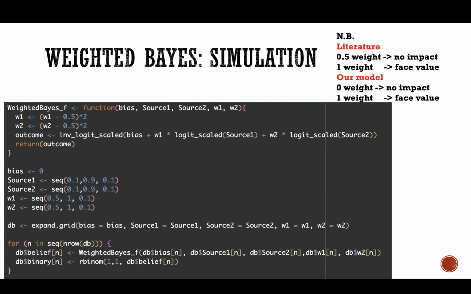We also have different possible values for weights, from 0.5 to 1, because we want to relate our results to the literature. We expand the grid, and then for each row in all of these combinations, we're running the weighted Bayes, which generates a belief, or rate of choosing red, and an actual binary, which is the choice made by sampling from a binomial distribution using that rate.